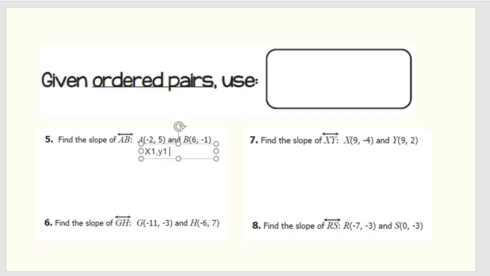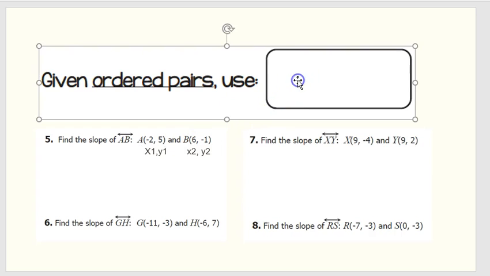Those are our coordinates. And then we go over to the b, and this is our x2 and our y2. Now that we've labeled these, we can use our equation.